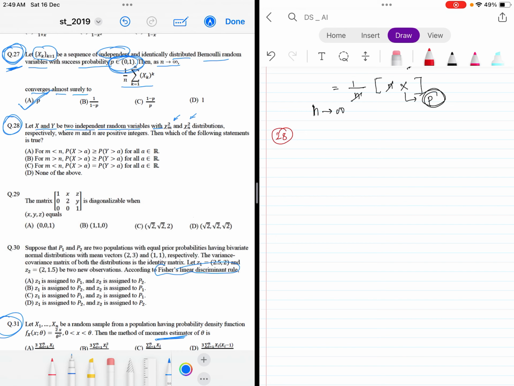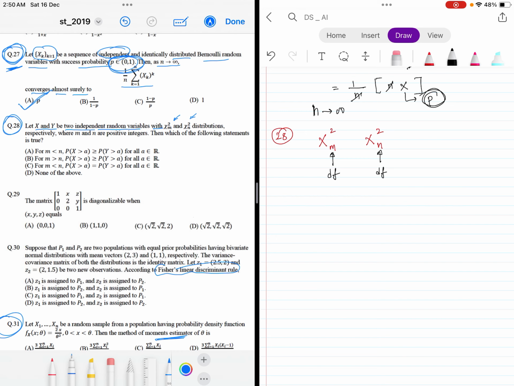So let me first of all tell you the notation here. These are chi-square distributions, and here this m represents the degree of freedom.